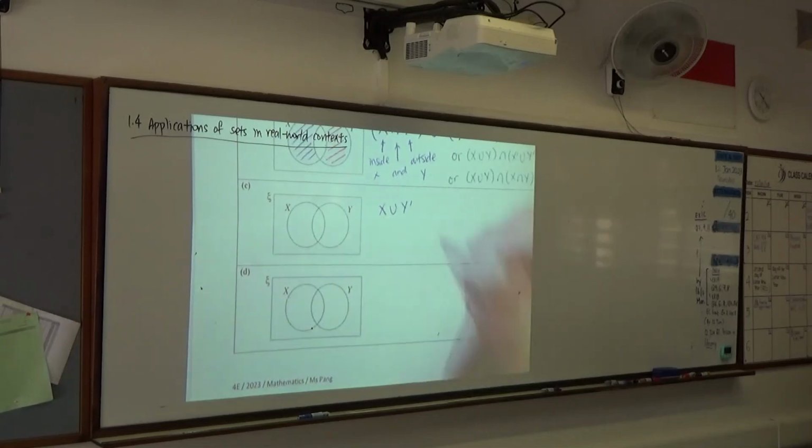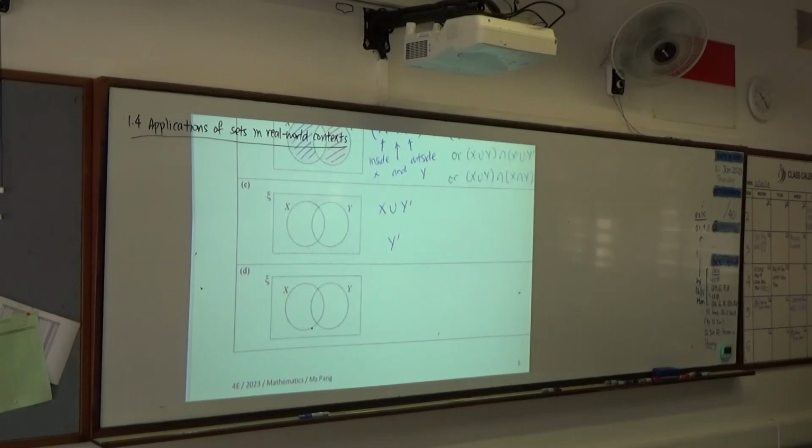So Gladys now wants to change the answer to Y prime. What do you all think? Y prime, or X union Y prime? It should be Y prime. How should X union Y prime look like?